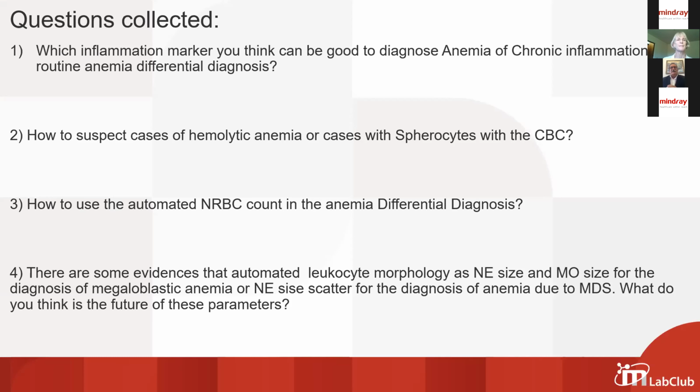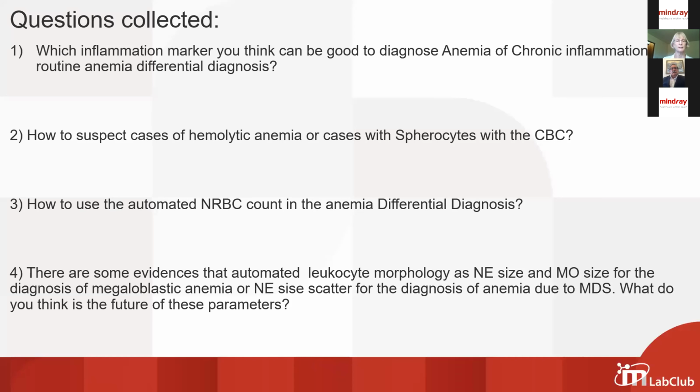Okay, perfect. Thank you. The second question is how to suspect cases of hemolytic anemia, of course not very severe, a mild hemolytic anemia, or cases with spherocytes only with a CBC in a checkup or in any control. How can we suspect it, in order to do a blood smear or any test to see the spherocytes?